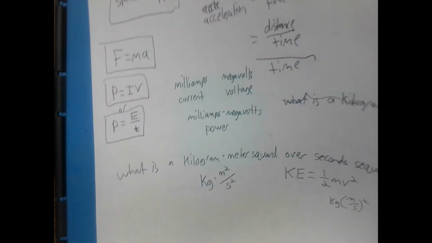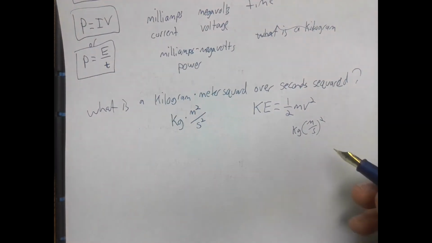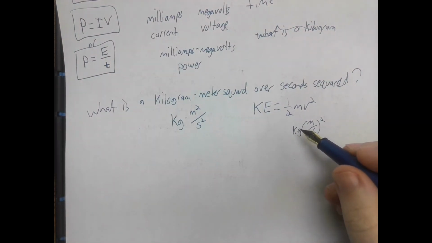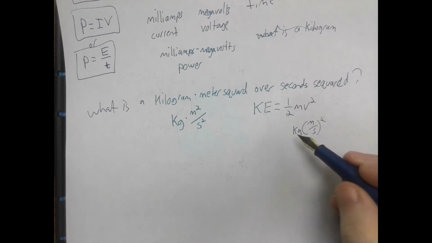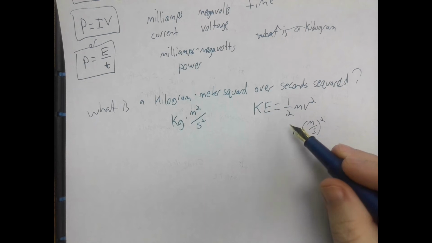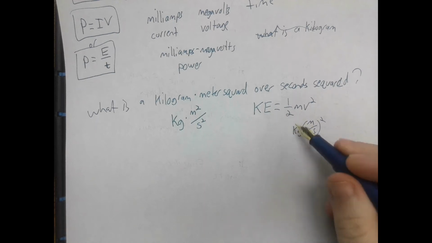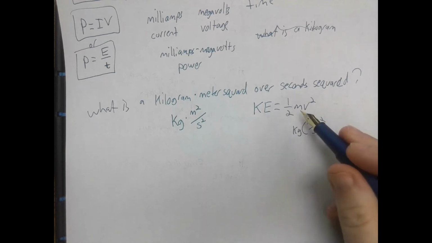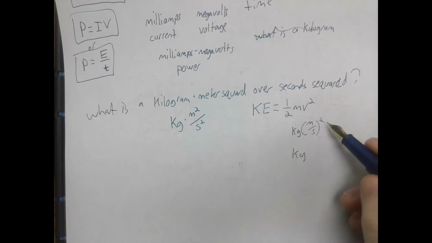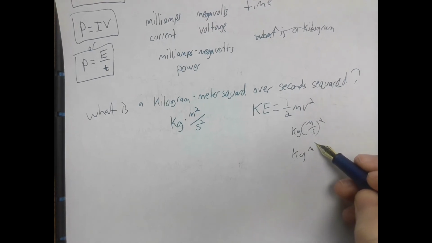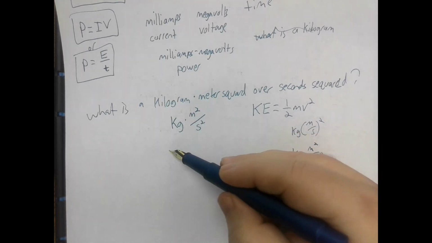I'm probably going to put all the equations on there. It's only dealing with units. So plugging the units into the equation, we get kilogram meters per second squared. We distribute the square out, that's meters squared over second squared. So this whole thing is energy.